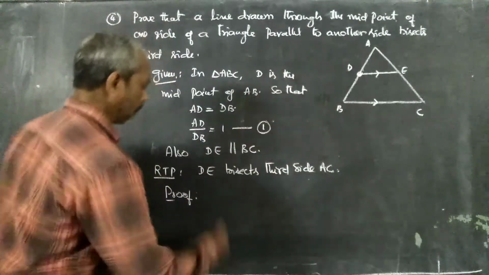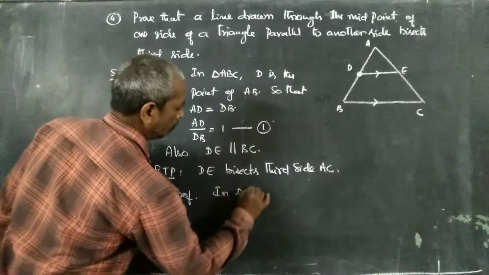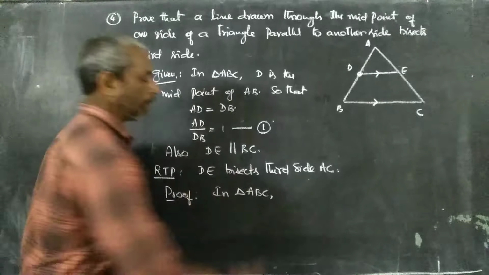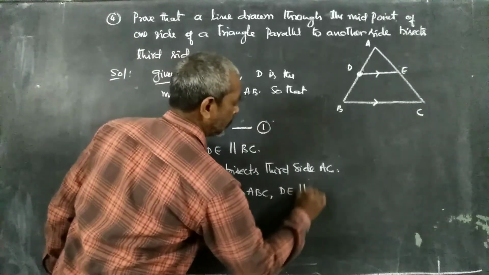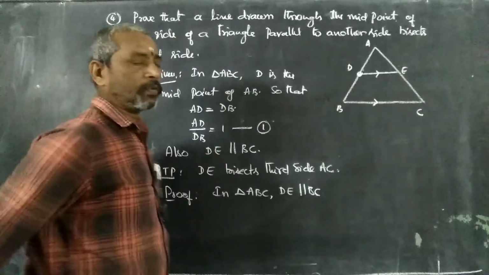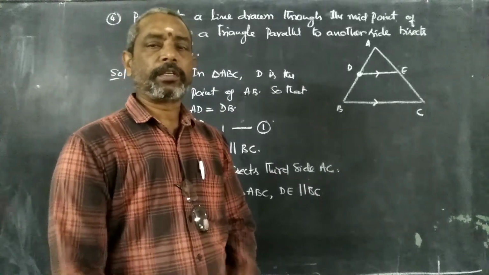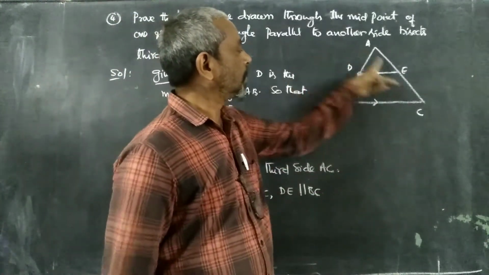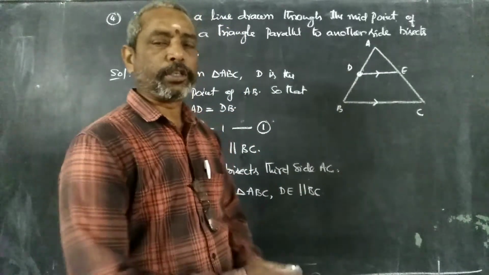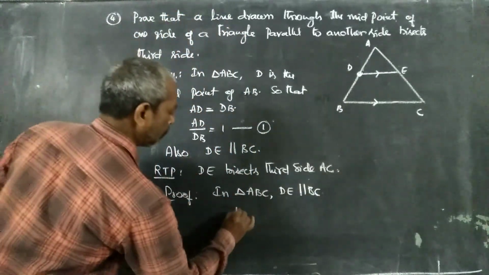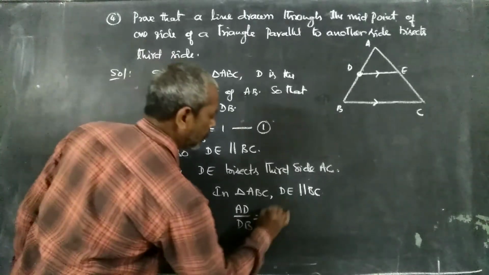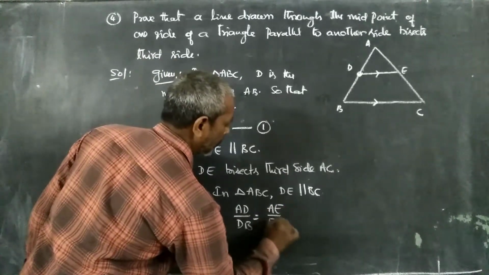Now, in triangle ABC, DE is drawn parallel to BC. Therefore, by basic proportionality theorem, if a line is drawn parallel to one side, it will divide the other two sides in the same ratio. Therefore, AD by DB is equal to AE by EC.